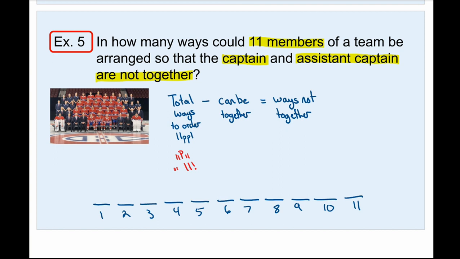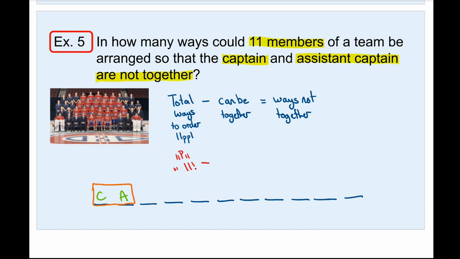How many ways can they be together, or can they be beside each other? If I look at my 11 spots, again, the captain and the assistant captain have to be beside each other. And we've talked about when they're beside each other, what happens is that they become kind of paired or glued together. So if they get glued together, they now count as one group, or one person, you could argue.